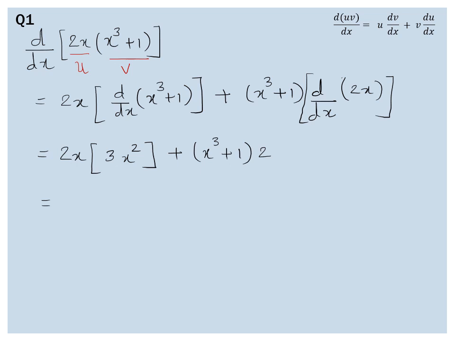Simplifying this further, we get 2 into 3, 6, x into x square, x cube, plus 2 multiplied by x cube is 2x cube, and 2 multiplied by 1 is 2. So 8x cube plus 2 is the answer for the derivative of 2x into x cube plus 1.